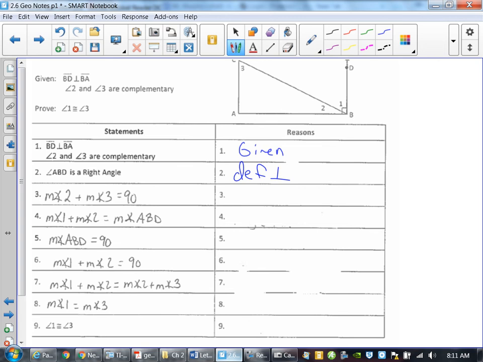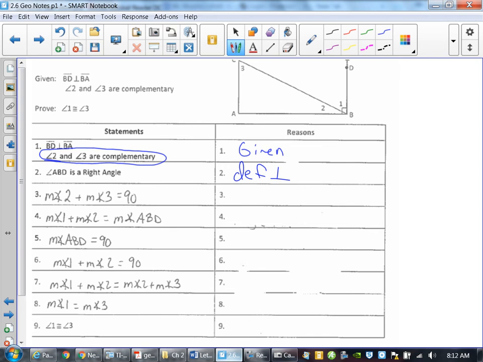Okay. So now I look at the next part. Why is angle 2 plus angle 3 equal to 90? Look at your progression sheet. What did they use to get that? Look at that statement. 2 and 3 are complementary, which means, definition of complementary. On your progression sheet, you have something that talks about complementary angles, right?